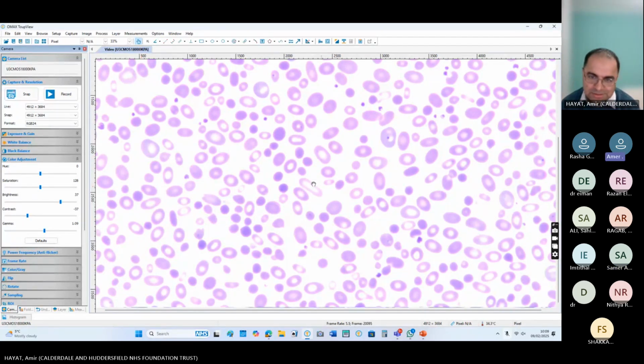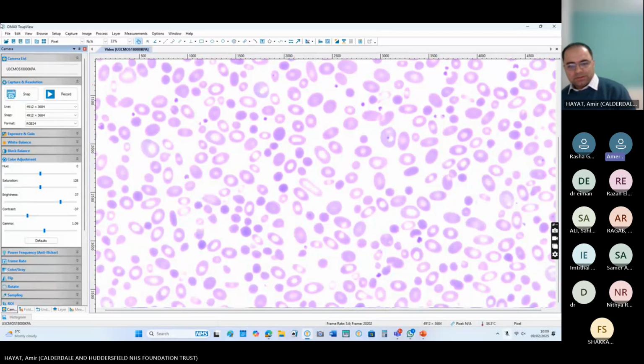And then what about these elliptocytes? This is pyropoikilocytosis. You can see a wide range of aniso and poikilocytosis in this blood film.